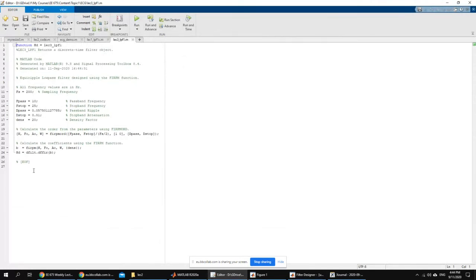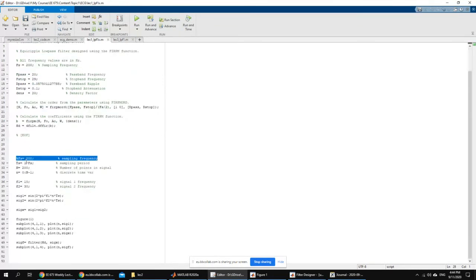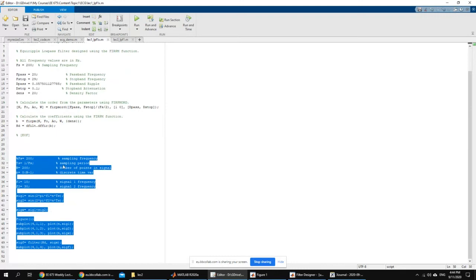What we said was basically instead of calling this function, I'm going to do something a little bit better actually. I'm just going to comment out this here so that this becomes a regular Matlab code, and then I'm going to copy the part where I had the simulation. This is the part where I simulated my data here.